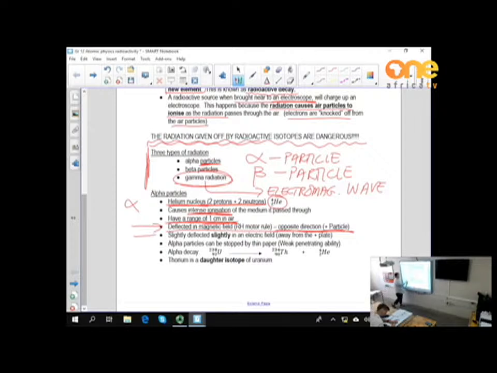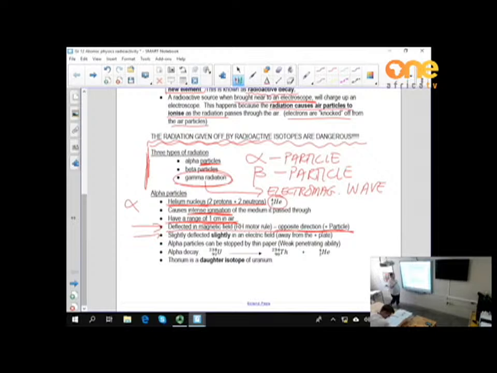The next property, it will slightly be deflected in an electric field, and it will be deflected away from the positive plate. It will only be deflected slightly compared to a single electron being deflected. An electron is a very light particle, so it will experience more deflection. A heavy positive particle will be deflected, but not radically.